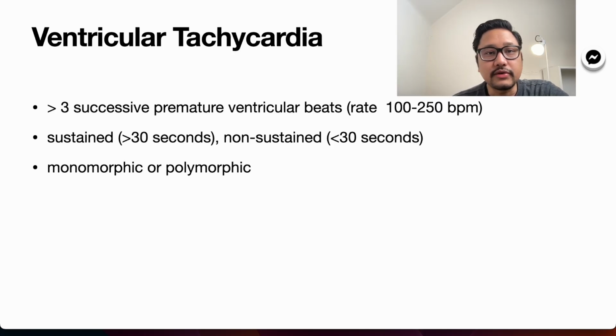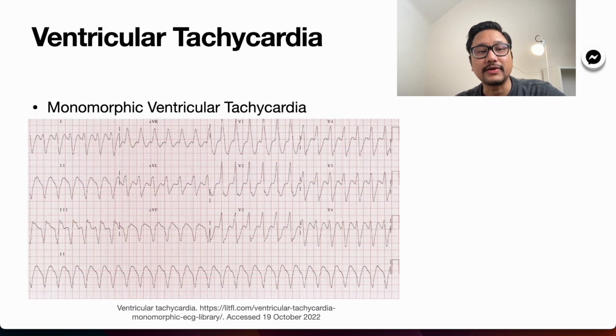So let's now go to ventricular tachycardia. Ventricular tachycardia is defined as more than 3 successive premature ventricular beats at a rate of about 100 to 150 beats per minute. It can be sustained if it lasts about 30 seconds, but if it lasts less than 30 seconds, it's called non-sustained. Ventricular tachycardias can be monomorphic or polymorphic in appearance. This is the monomorphic ventricular tachycardia.